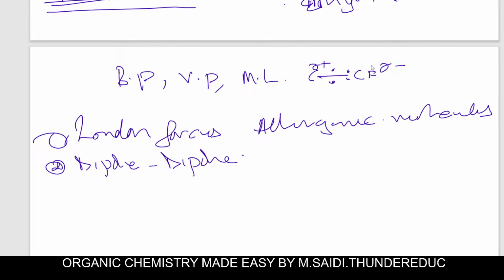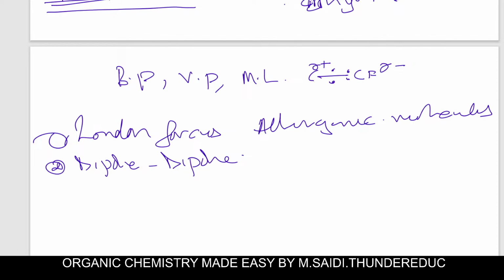Because it has created two poles, it becomes dipoles. Because those are forces between these molecules, it becomes dipole forces.